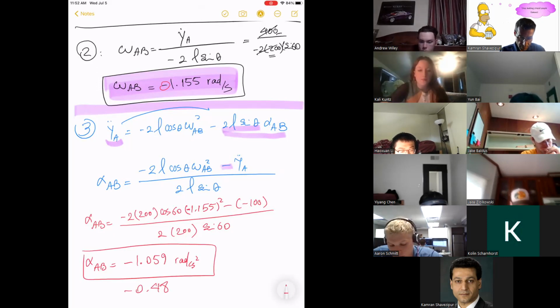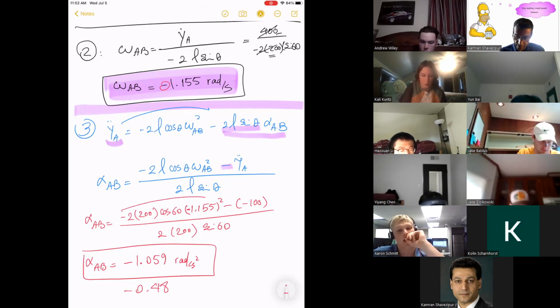Okay, we have 1.155 squared times 60 cosine times 400. This gives me 266 something. Oh, okay. This should be negative. That's negative. Okay, I got the mistake. Minus 100. I think you got it wrong. Right.